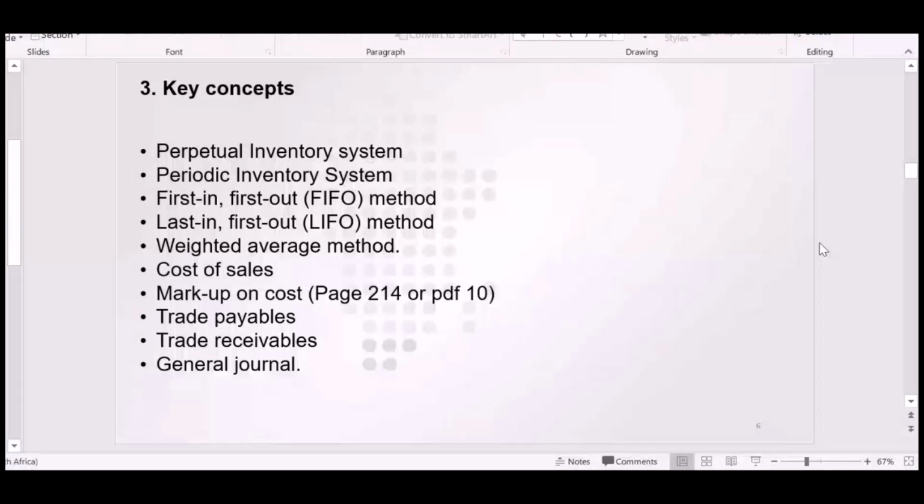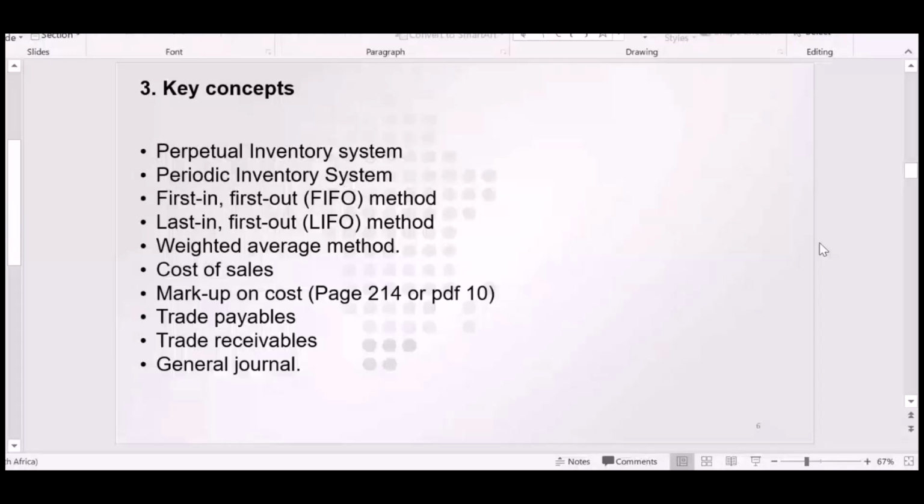On the first in, first out, the assumption is that the inventory which has been received first, like our first lady has indicated earlier on, bread that was baked yesterday will be put in front so that it will be sold first. The one which is baked today will be put at the back so that it will be sold last. That is first in, first out, meaning the first inventory to arrive is the one which will go out first.